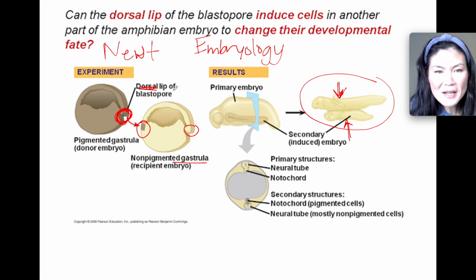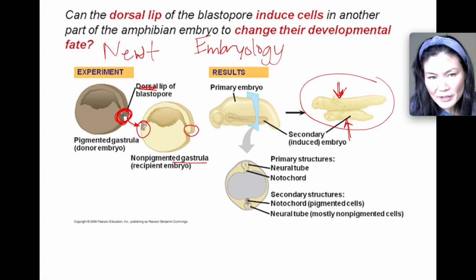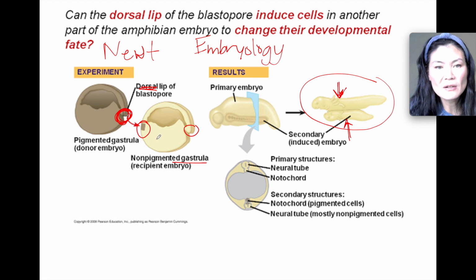So what I'm trying to say here is that by induction, by neighboring cells, it's going to cause those portions of the developing embryo or gastrula to turn into a specific body part. So it released proteins to neighboring cells to cause them to become the dorsal side.